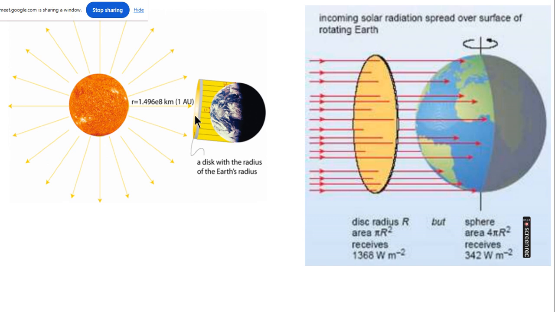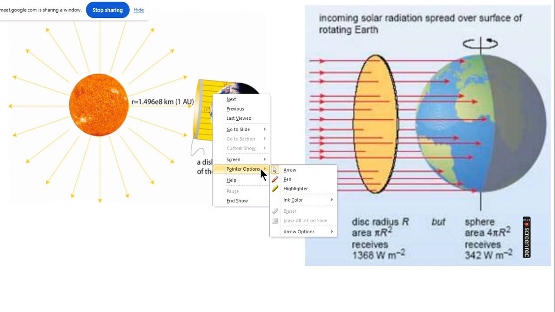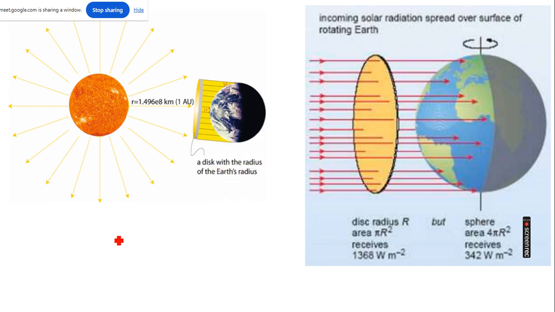So this is encountered by an area of pi r square, which is the disk being illuminated from the surface of the Earth. So solar constant into pi Re square is the total amount of solar radiation reaching the top of the atmosphere.